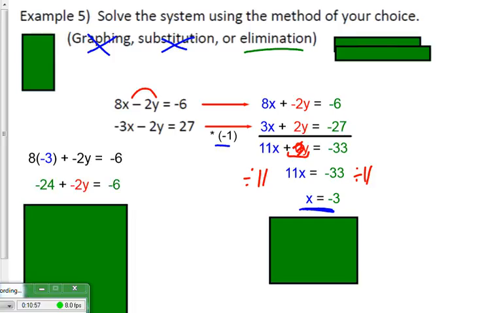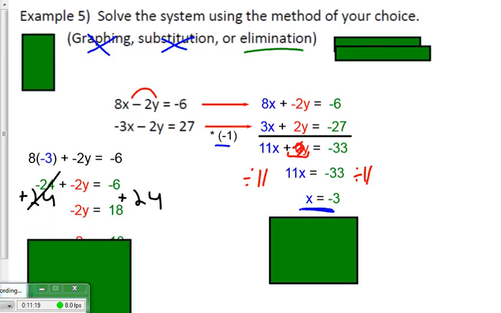Simplifying things out, 8 times negative 3 is negative 24. Still added on to negative 2y equals negative 6. If I want to get rid of that constant term, that means I want to add 24 to both sides of my equation. That'll cross that piece out. So we'll just have y's alone. It's going to leave me with negative 2y equals positive 18, because I added on the constant to both sides.